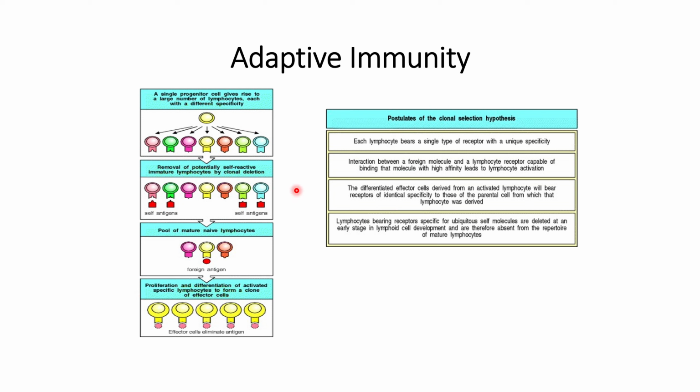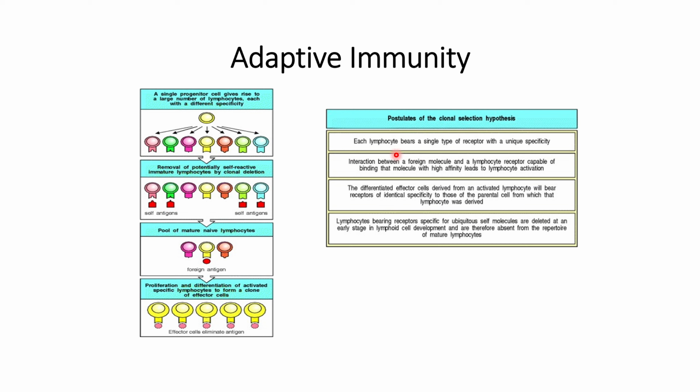However, there are still many things that need to be validated or need further evidence, for example, how this clonal deletion occurs. There are some postulates that have been approved, or we can say are true so far.